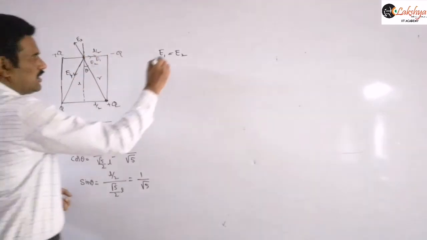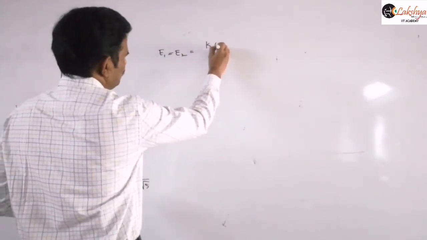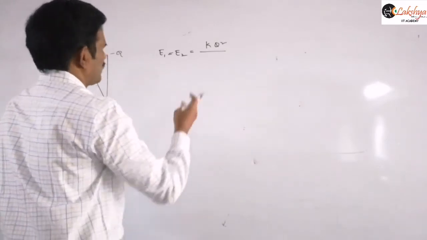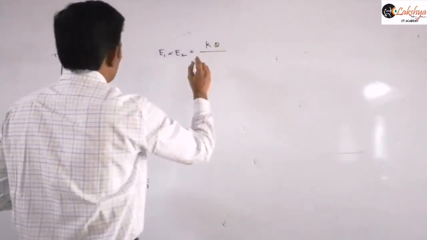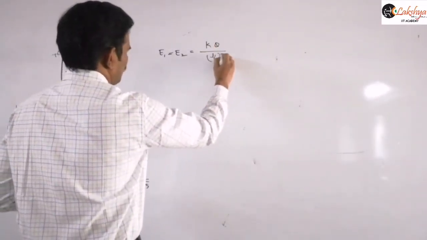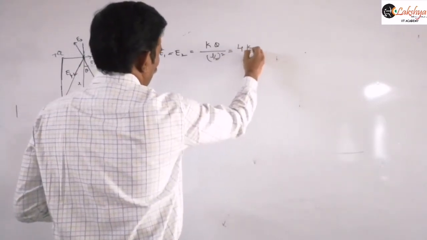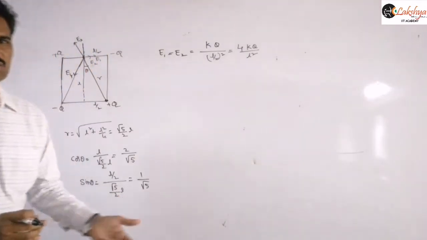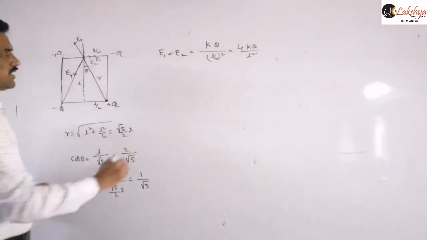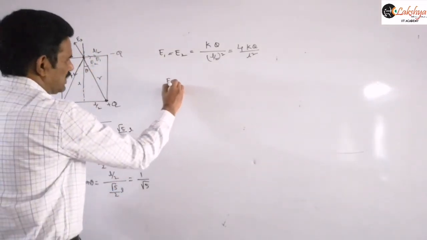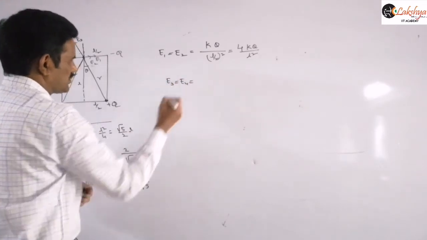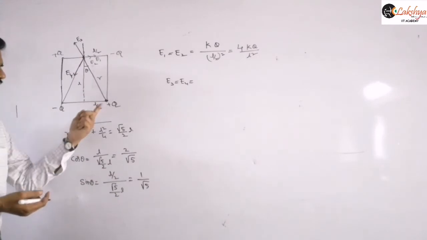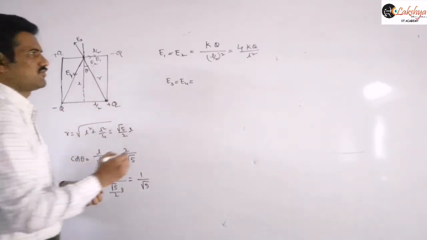And so this value I can write as KQ by L by 2 whole square, and so this will be 4KQ by L square you will get. It is the KQ by R square formula simply. And similarly, E3 and E4 are also equal in magnitude, because the distance is the same for both of them and the magnitude of the charges will be the same for both of them.